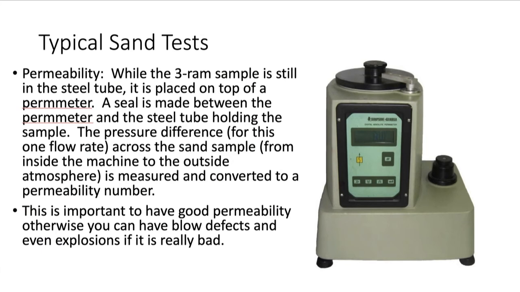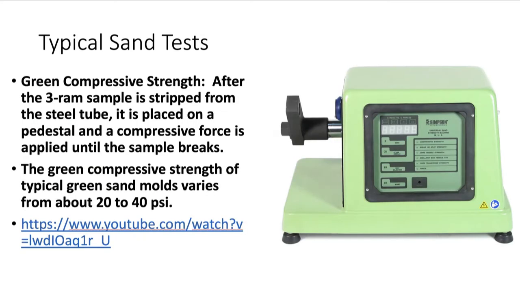So that's permeability. The next test you're going to talk about, this particular tester on the right, is a universal sand strength machine, and it does all kinds of tests. You put different fixtures on this unit, and those fixtures will allow you to do certain types of tests.